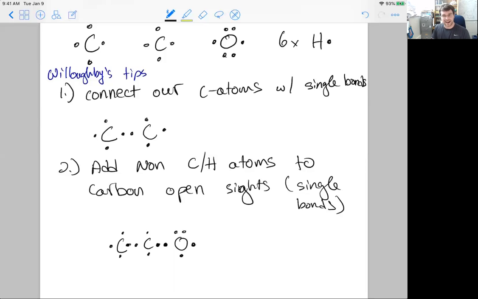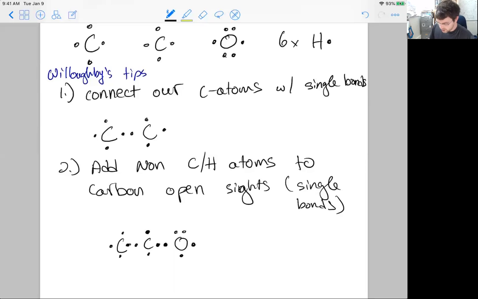I don't want to connect oxygens to oxygens, because that gets to really unstable molecules, and, as we'll see at the end of the course, those aren't good molecules for us to consider. So if we stick to a rule of connecting those non-carbon hydrogen atoms to only carbon atoms, then we can get to more realistic molecules.